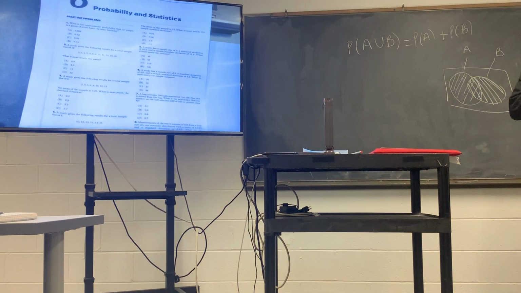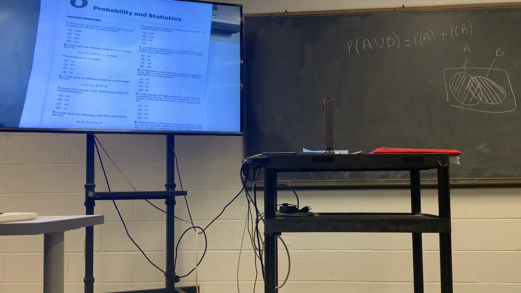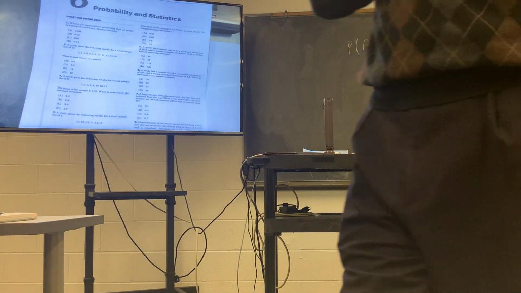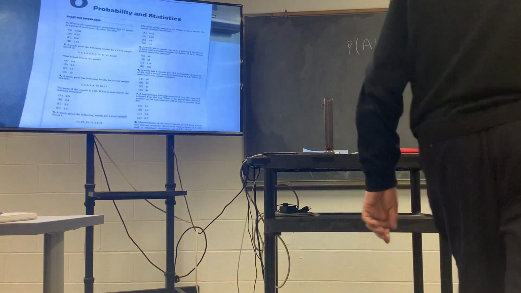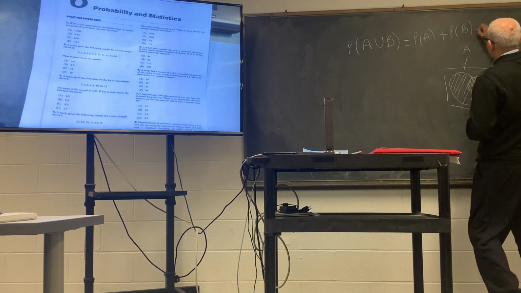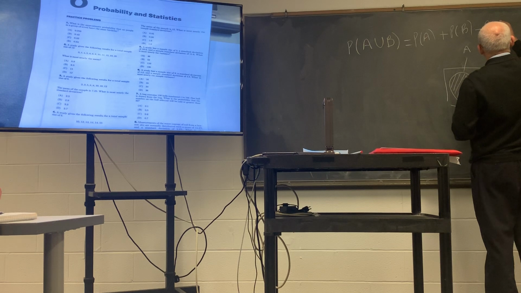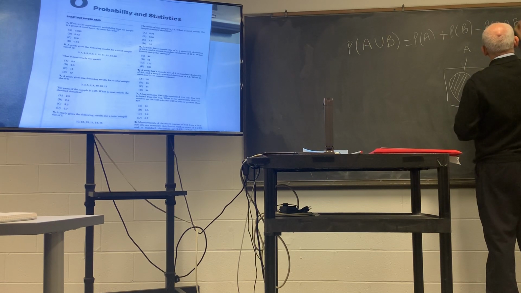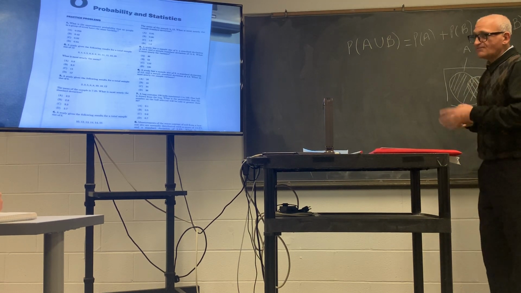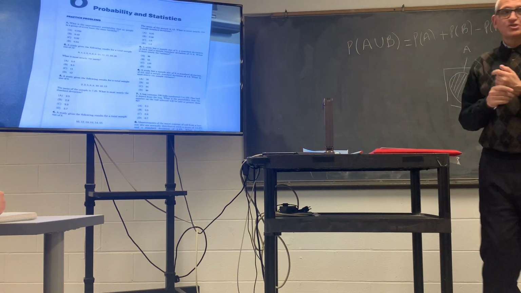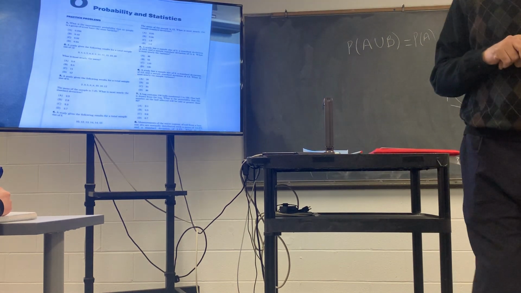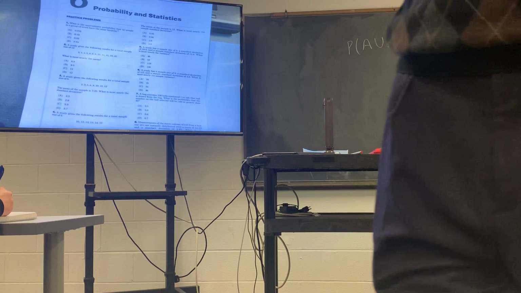Notice what happened? The intersection has been counted twice. So what do I do? I subtract the intersection. If they are not mutually exclusive, you have to subtract the intersection.